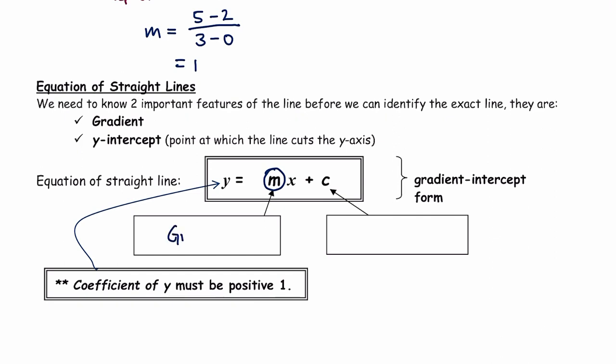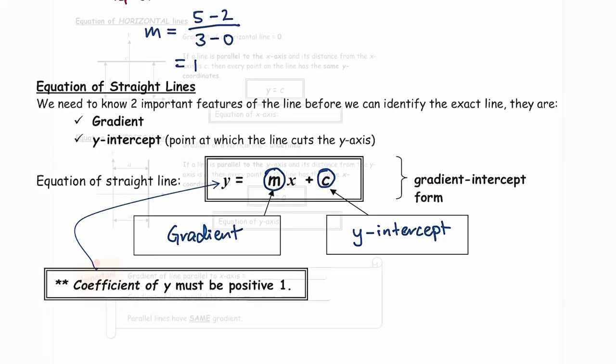So this is actually the gradient. Okay, and the c, the constant on its own, this is the y-intercept. And y-intercept is the point on the y-axis where the graph intersects with the y-axis.